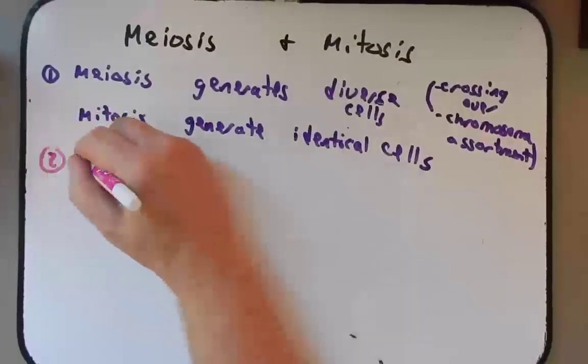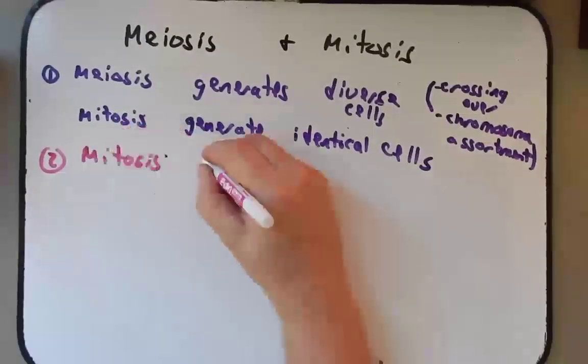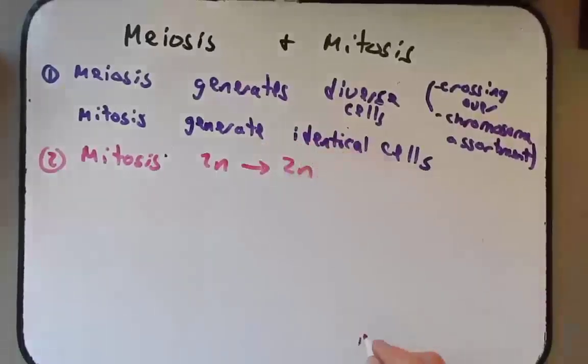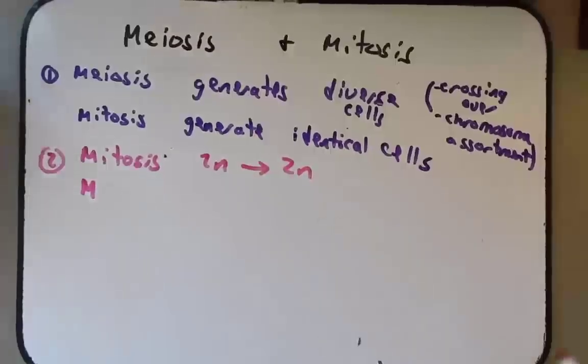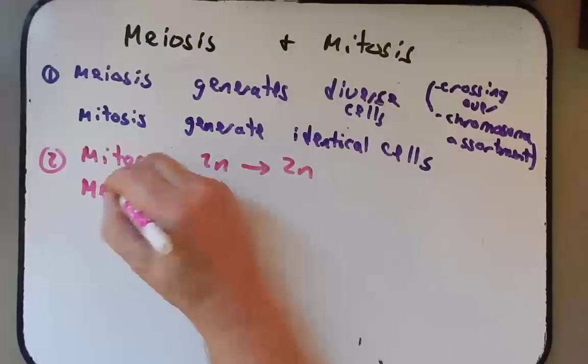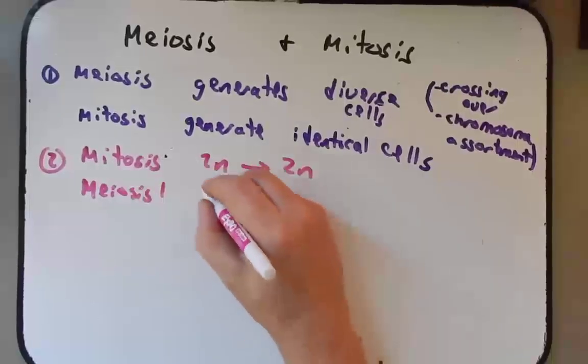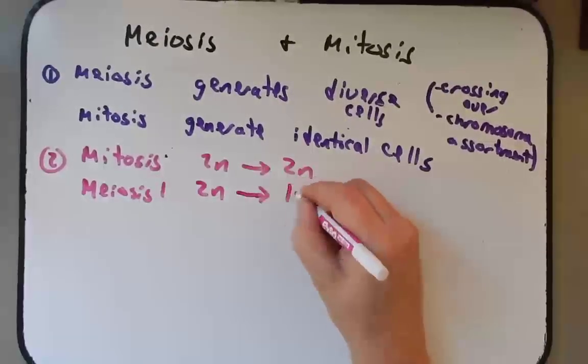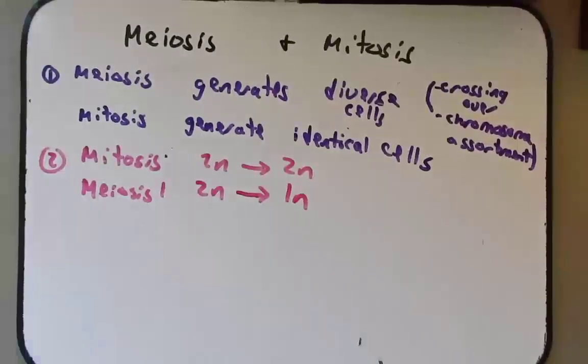Let me remind you that in mitosis, you go from a 2N cell to a 2N cell, a diploid cell to a diploid cell. My cells, when they divide, go from having 46 chromosomes to having 46 chromosomes, 23 pairs. In meiosis 1, you go from a diploid cell to a haploid cell. Remember, in meiosis 1, we pull apart homologous chromosomes, so that in each of those cells there's just 1 copy of that homologous chromosome, so it's haploid.